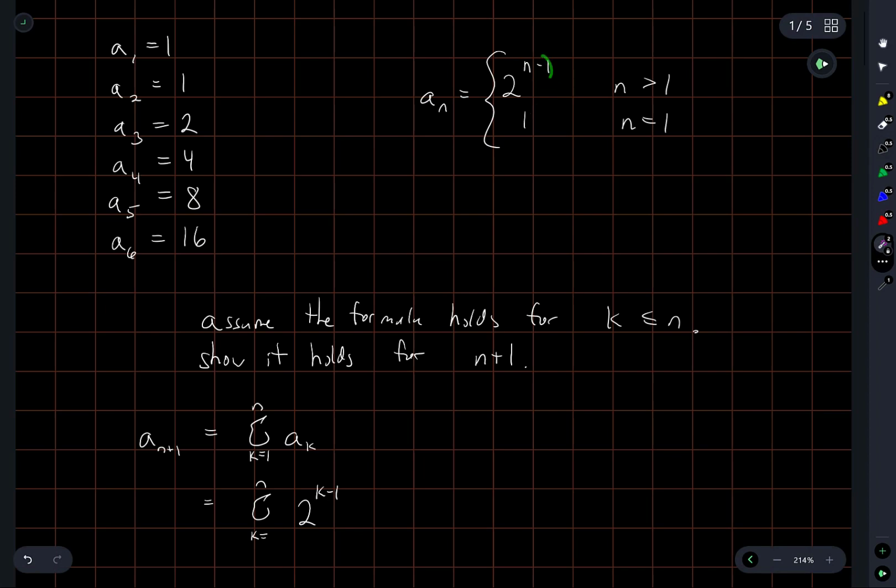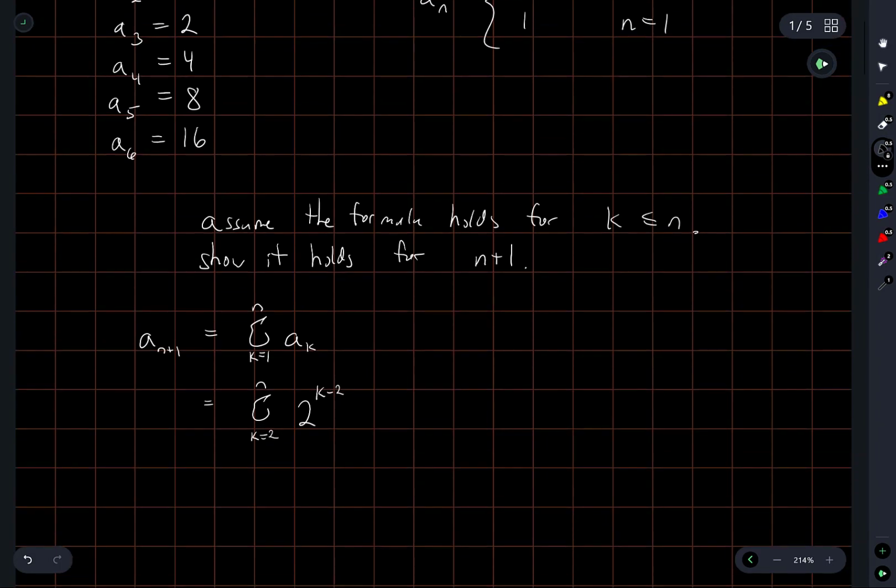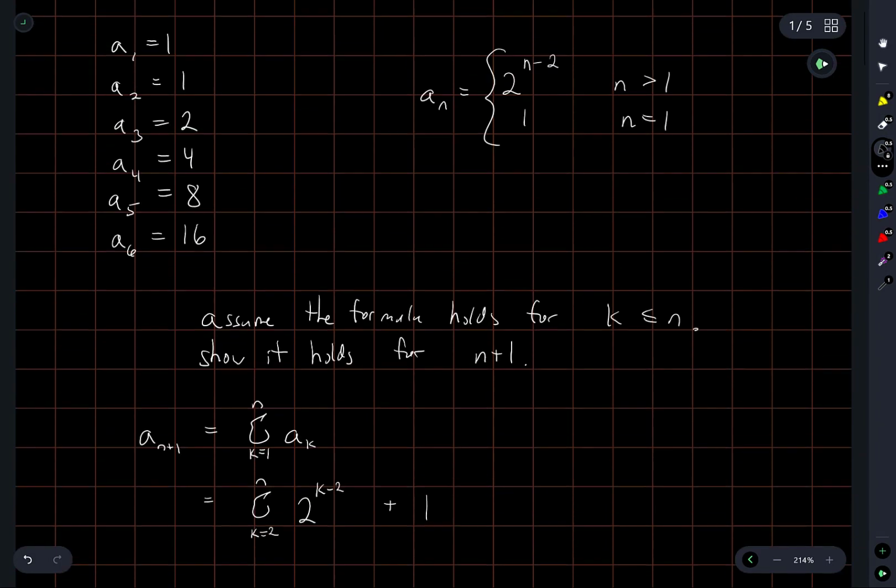Do I want n minus 1? When n is equal to 3, I guess this should be a minus 2, right? Yeah. This should be a minus 2. So k minus 2, but this is for k going from 2 to n plus 1.